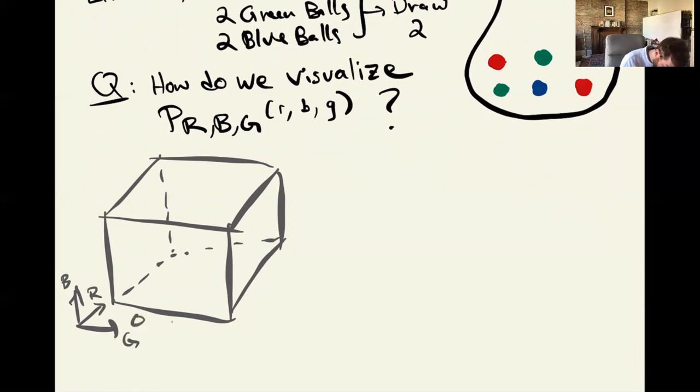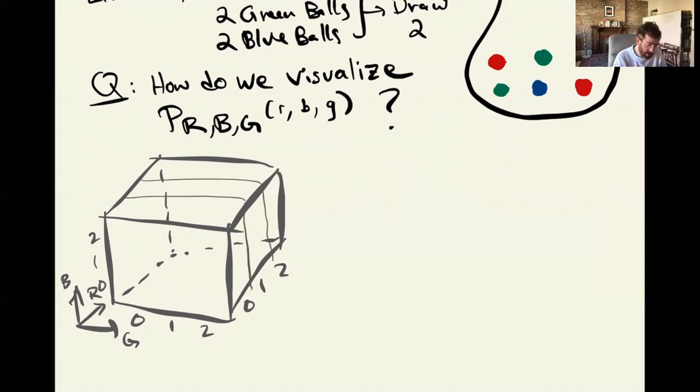Of course, each has possible values 0, 1, 2. Somehow I need to slice my cake or my loaf of bread and do this PMF table one at a time, which is exactly what I'm going to recommend we do.